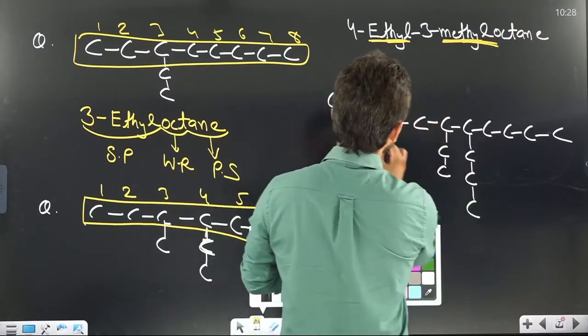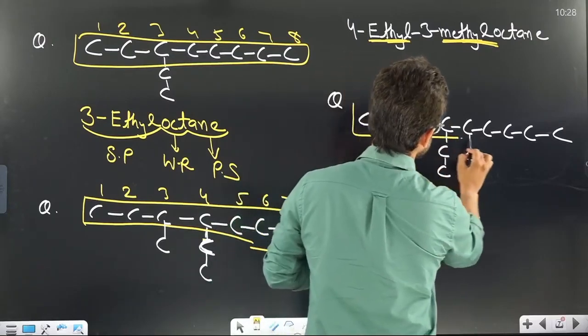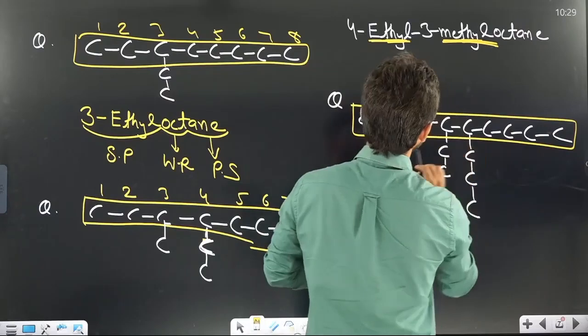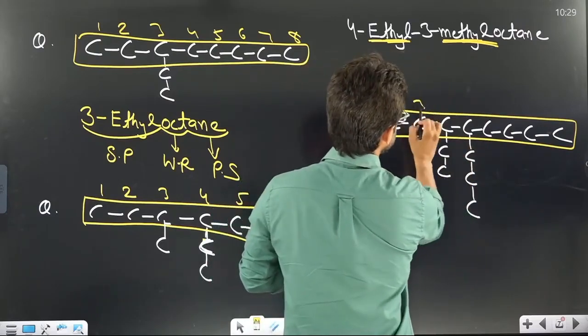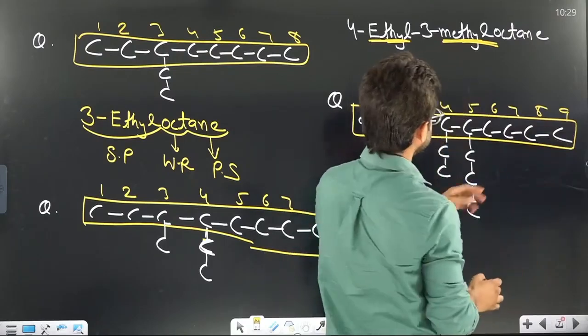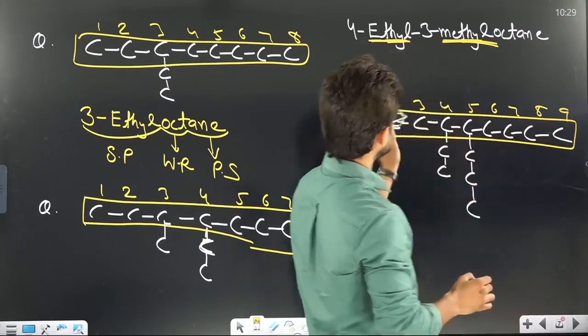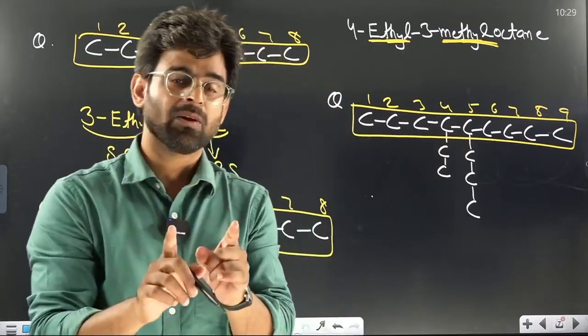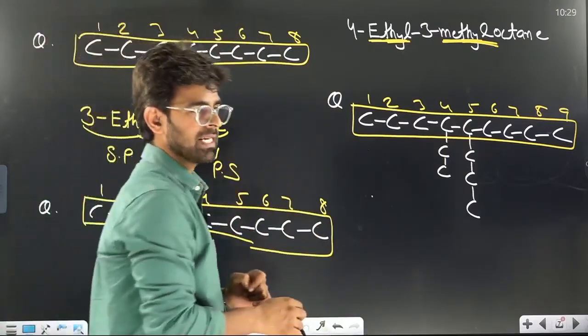Okay, this is our main chain. Numbering I am giving to you: 1, 2, 3, 4, 5, 6, 7, 8, 9. This is a rule, right? Now, one substituent is ethyl, one substituent is methyl.